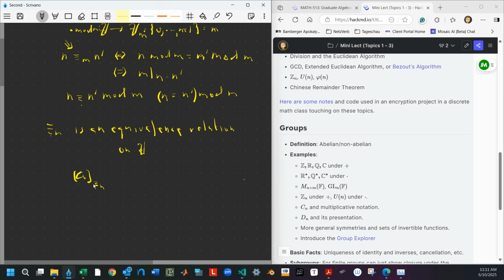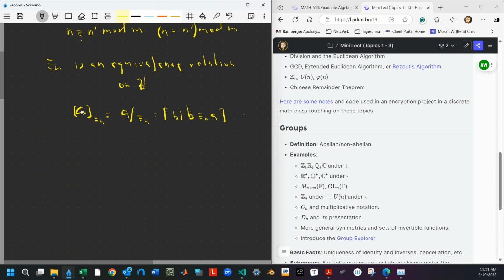You might leave out the decoration, or put a subscript on it, and sometimes we write it like this. Let's say this equivalent sub m. There are lots of ways of writing this, but basically it's the set of B such that B is equivalent to A, so the things that are equivalent to each other.